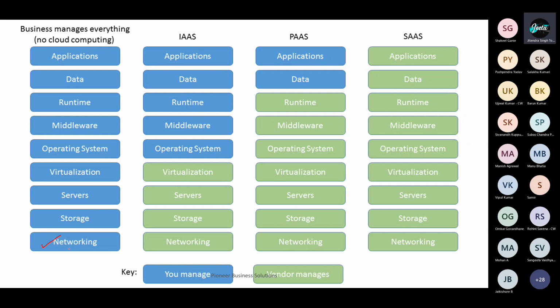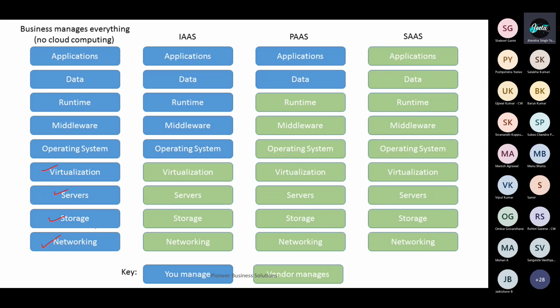You want class A, class B, or class C IP addresses, and everything. Storage: you want Dell storage or SAN or whatever storage you want. You need to manage the servers. First of all, which server you want to buy, which model, which category, everything you need to manage.